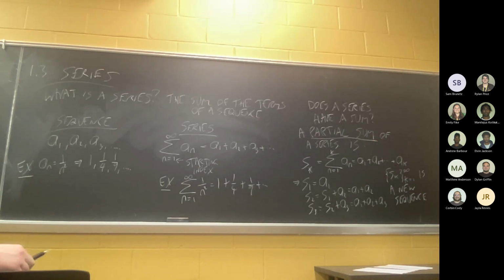So you have s_k in brackets. What exactly is that? This is another way of writing a sequence. It's just the set of all of these numbers for any k going from 1 to infinity. So this is equivalent to s_1, s_2, s_3, and so on, going off to infinity.